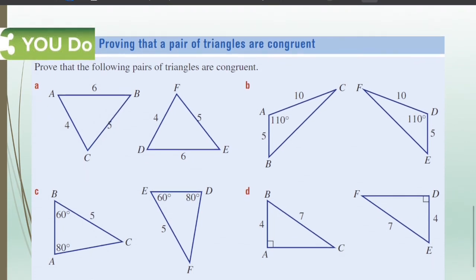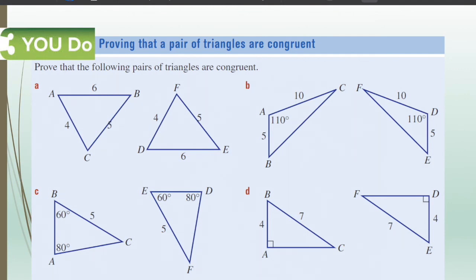Okay, I want you guys to have a go at these four on your own now. This is going to be the start of your independent practice. Pause the video here, have a go at all four of these, and I will show you the solutions at the end of this video.